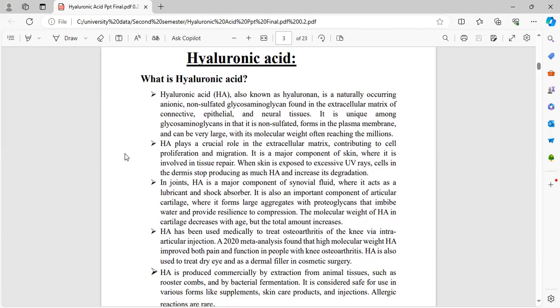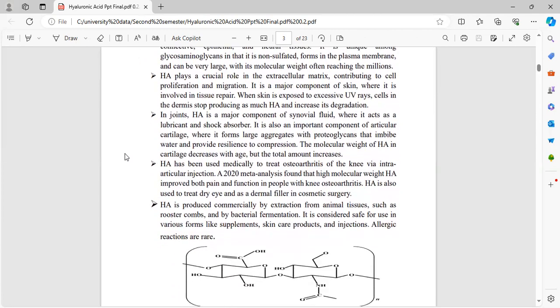Hyaluronic acid has been used medically to treat osteoarthritis of the knee via intra-articular injection. A 2020 meta-analysis found that high molecular weight hyaluronic acid improved both pain and function in people with knee osteoarthritis.